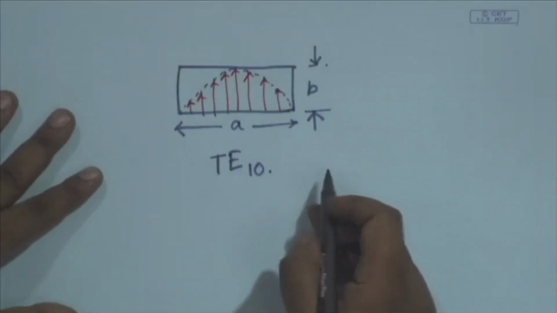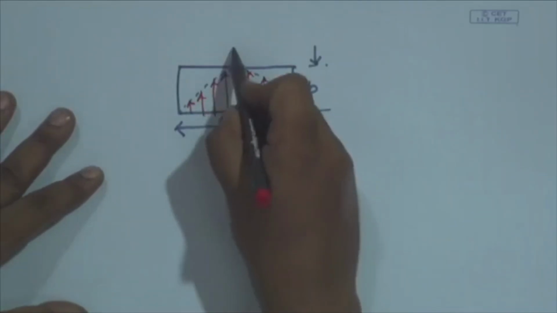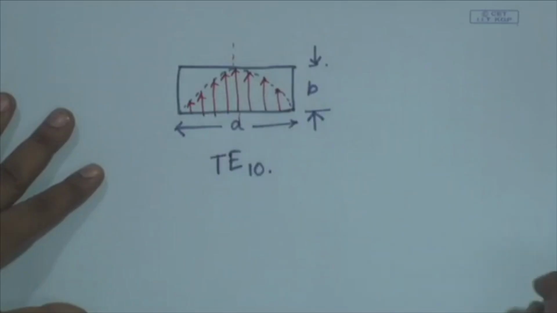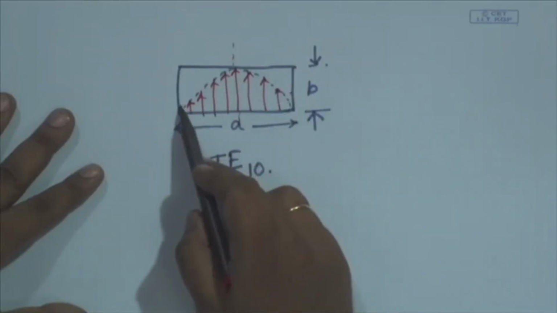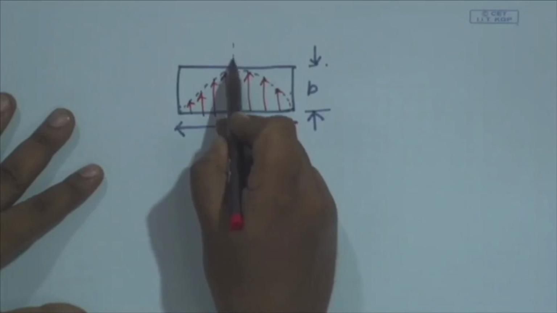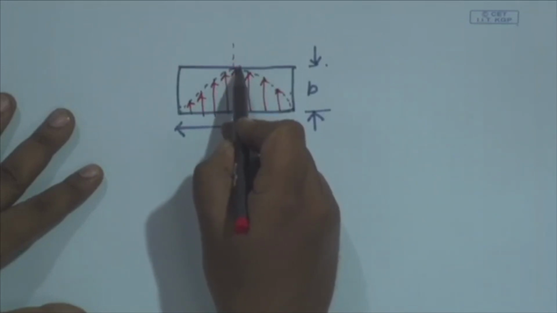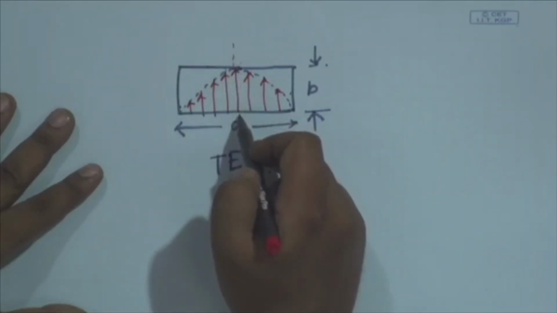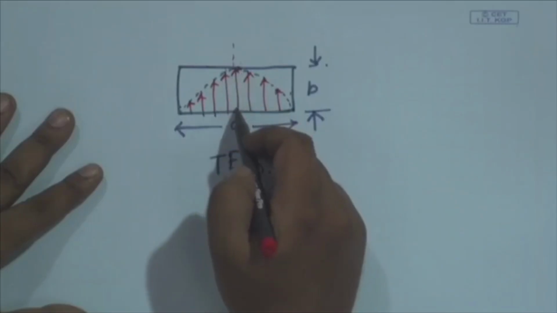So, on the side walls electric fields are 0. On the broad side at the mid plane we have highest current density JC, and inside the waveguide we have the displacement current component JD, which is maximum on the central plane.